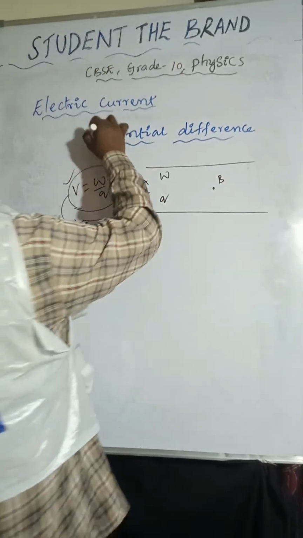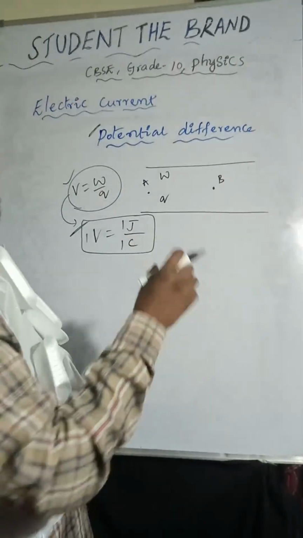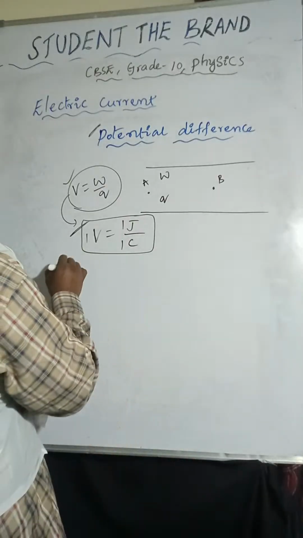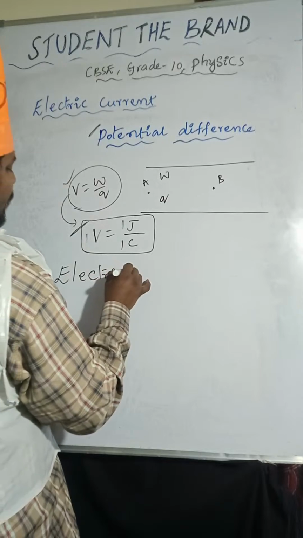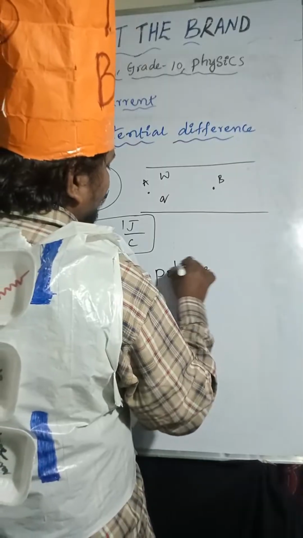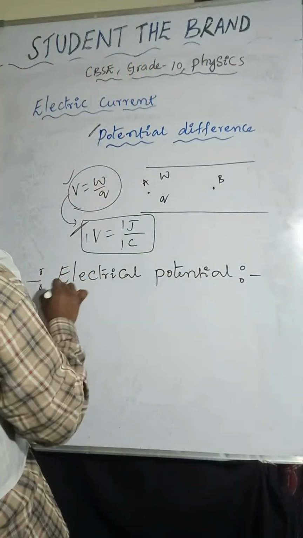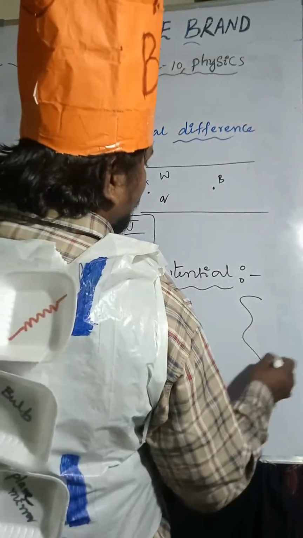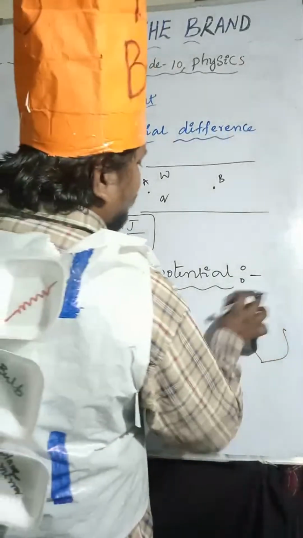That is potential difference. Potential difference means within the field between 2 points. Whereas electrical potential, coming to electrical potential, work done to bring... Here, some point I am considering as infinity.